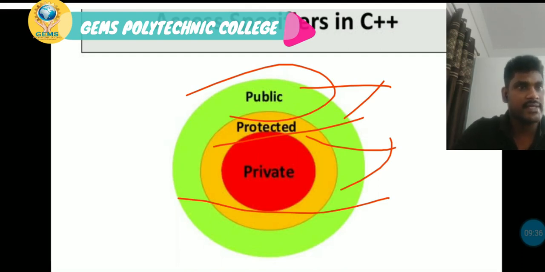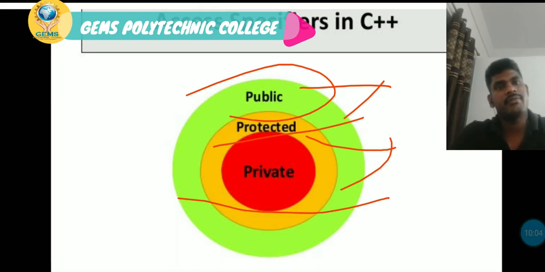The child class can access all the properties of the parent class when declared as protected. If there is more than one child class, they cannot access the properties of the protected class; only one class can access, and that class should be the immediate class of the parent class. That's very important.